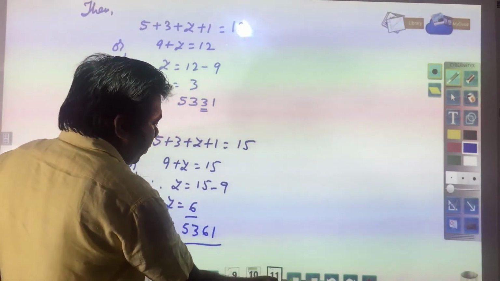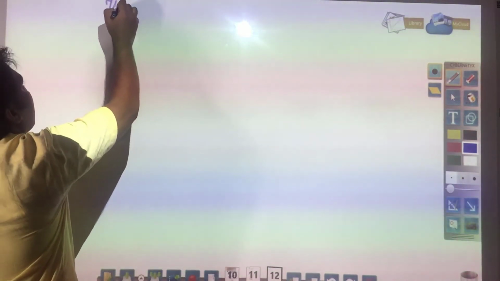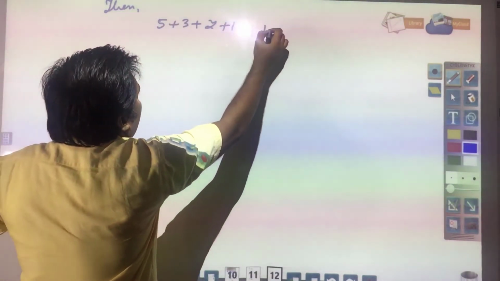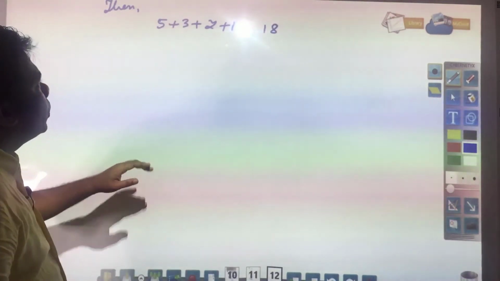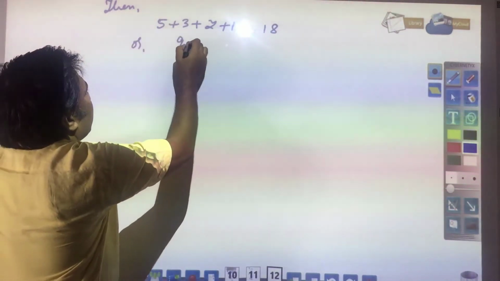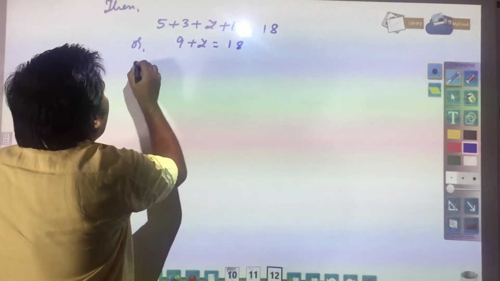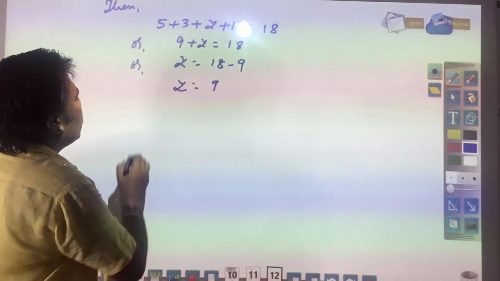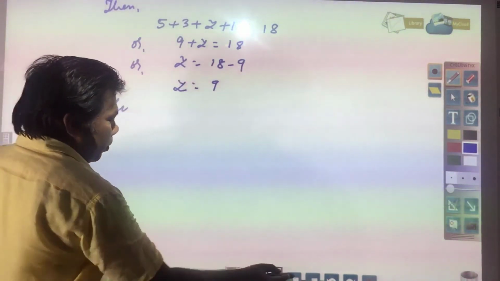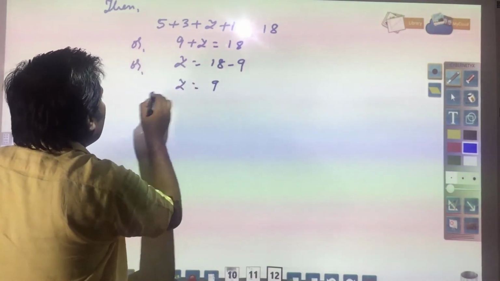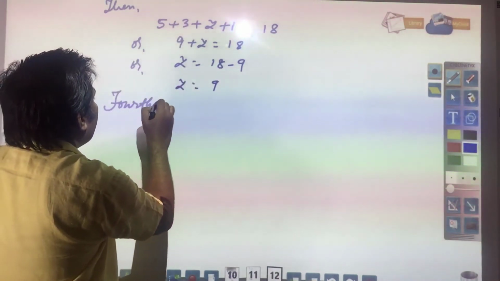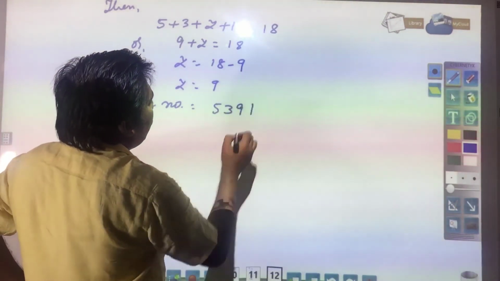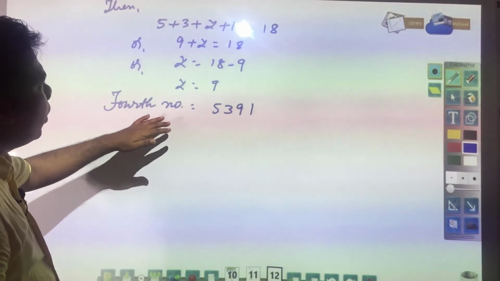Next we will see 5 plus 3 plus y plus 1 is equal to 18. Now, you see 9 plus y is equal to 18, so y will be equal to 18 minus 9, it means 9. So, the fourth number will be 5391.